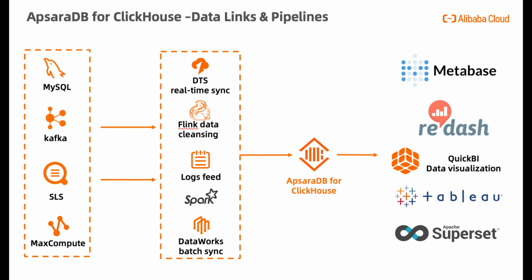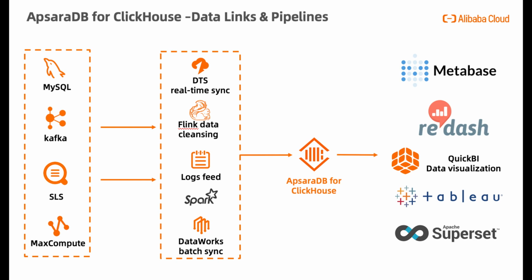So the general data, like the metadata, always comes from MySQL, Kafka, SLS log services, or MaxCompute. Then comes DTS real-time sync, or using Flink to do the data cleansing, or log feeds for Spark, and also DataWorks doing the batch sync into ApsaraDB for ClickHouse.